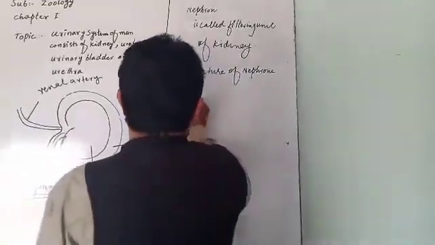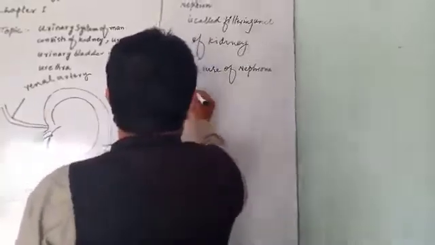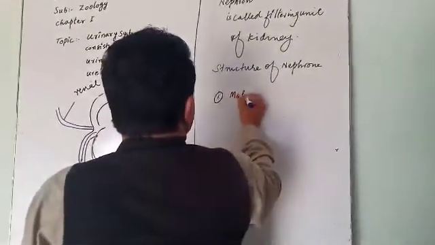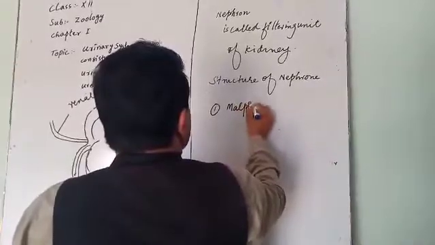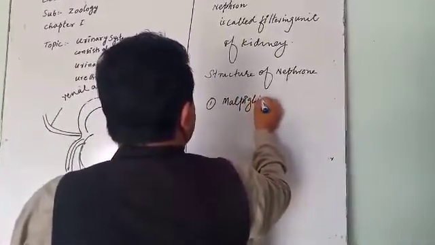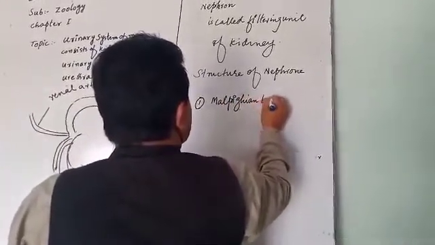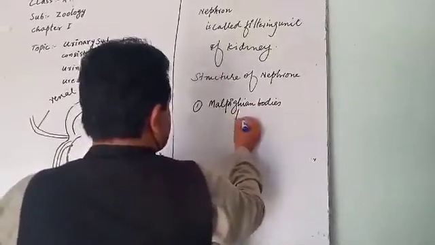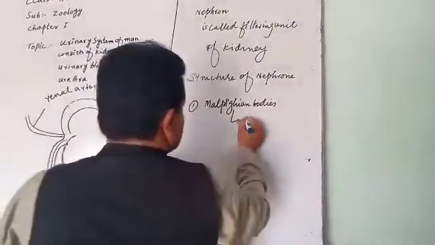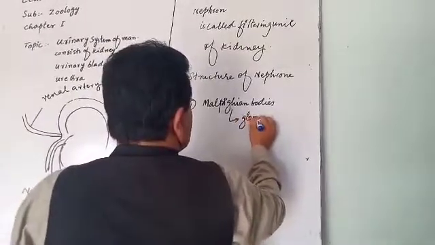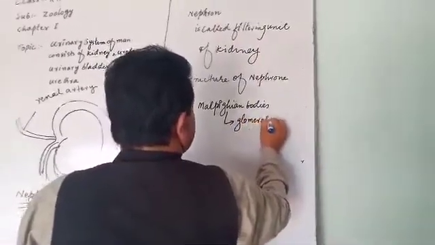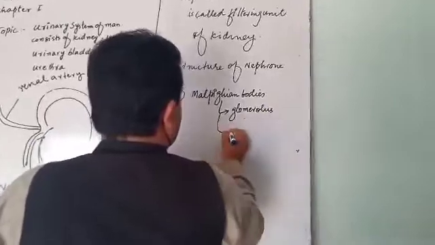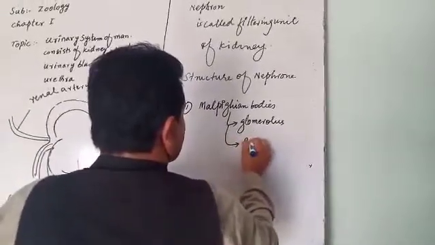Number 1, Malpighian bodies. Malpighian body consists of glomerulus and Bowman's capsule.